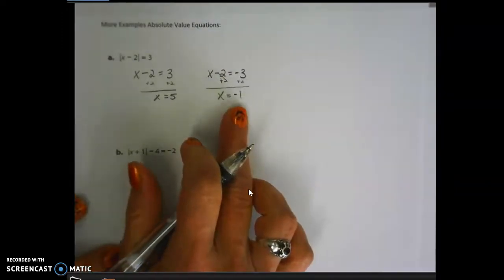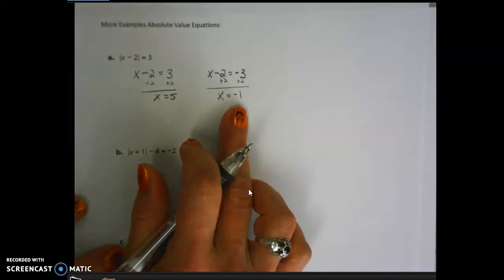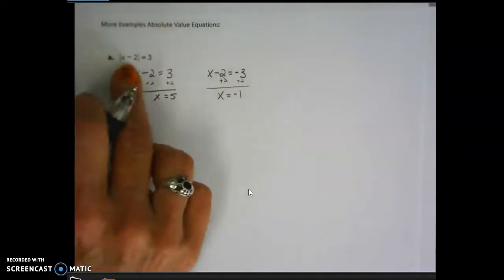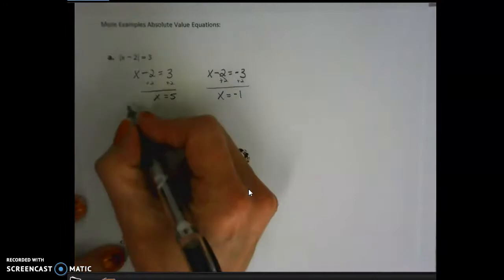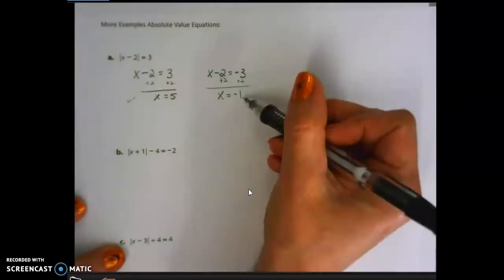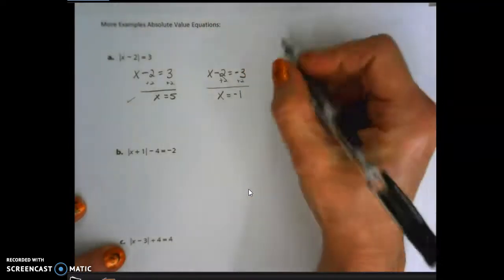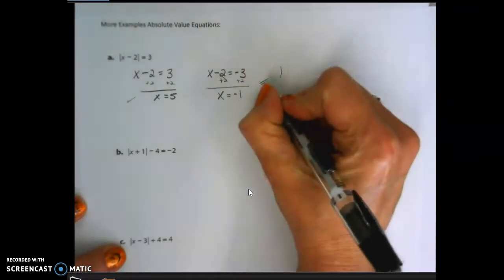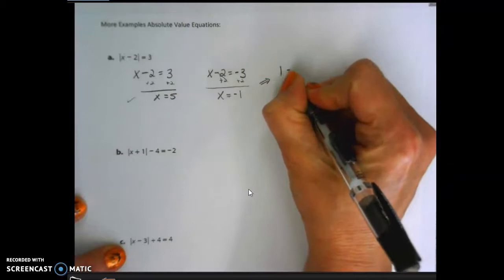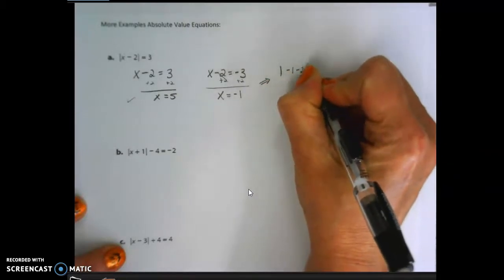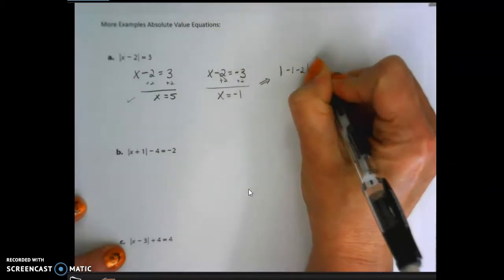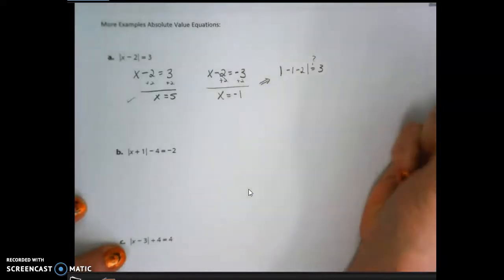You want to make sure to check your work. So we're going to take a 5 in. 5 minus 2 is 3. That one checks out. -1, if you plug it in, this one would give me inside absolute value -1 minus 2. And does that equal 3? I'll put a question mark because I'm checking.